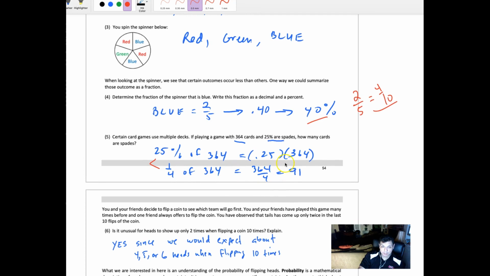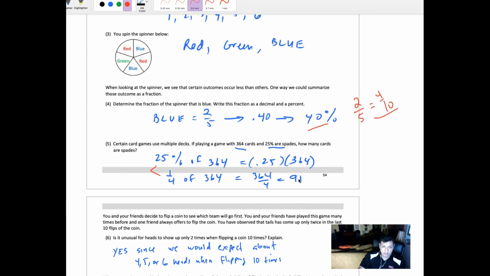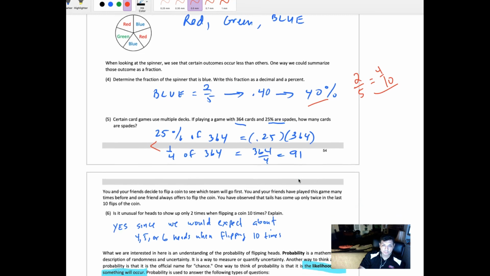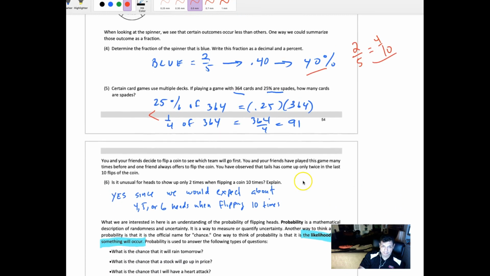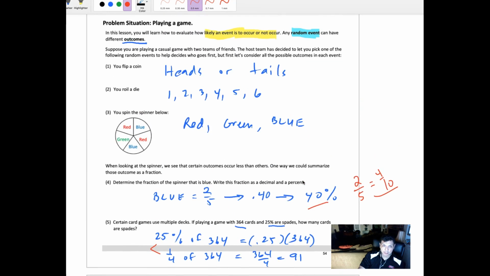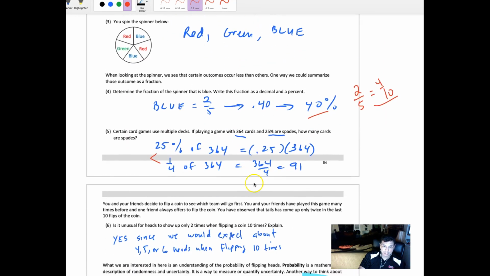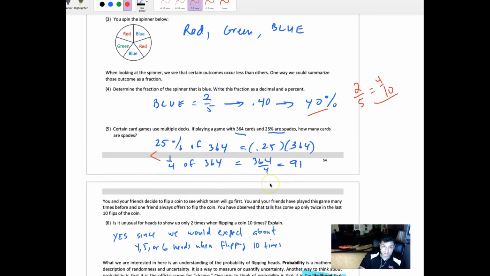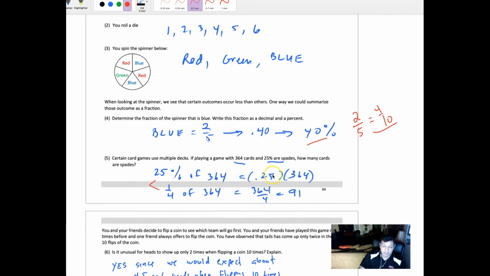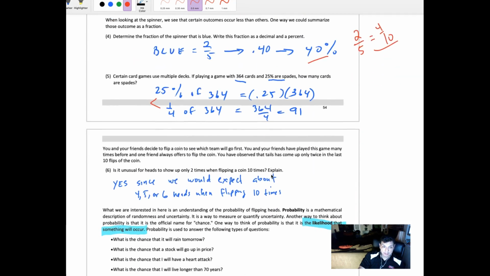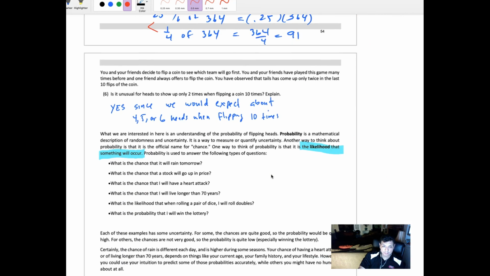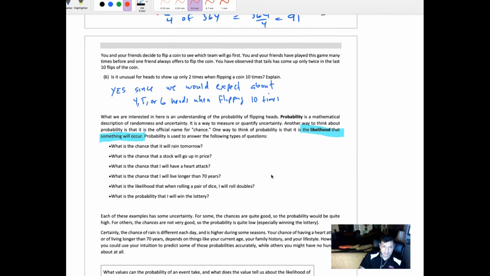You multiply either way, and you'll get 91. That's how many cards there would be. And so we're starting to build this idea of what is probability, and we have to do some of these calculations. Sometimes we talk about it in terms of percents, and we'll do some calculations around that.